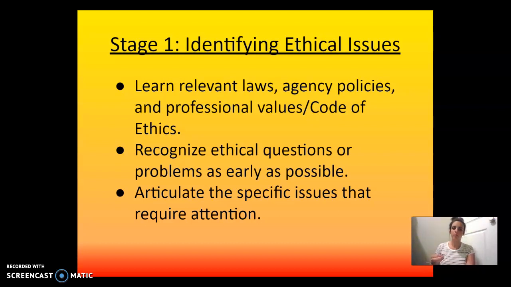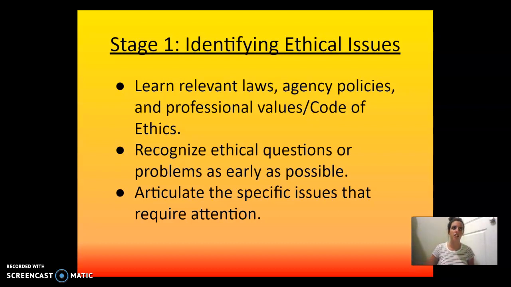And the important part about this stage is that you want to identify things as early as possible. The longer you drag it on, the more, I don't want to say trouble, but the more murky it gets and the more vulnerable you become yourself as a professional, because obviously we're looking at doing least harm to our clients, but there's also a professional implication when we don't address an ethical issue.